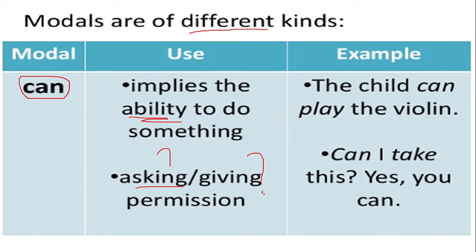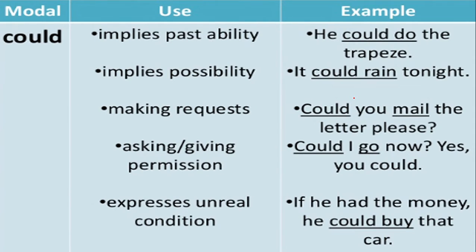"You can do it." So I'm asking something: "Can I take this?" "Yes, you can." Over here I am giving permission. In this, first is the asking, and the next is giving permission. The child can play the violin. It implies the ability to play the violin.